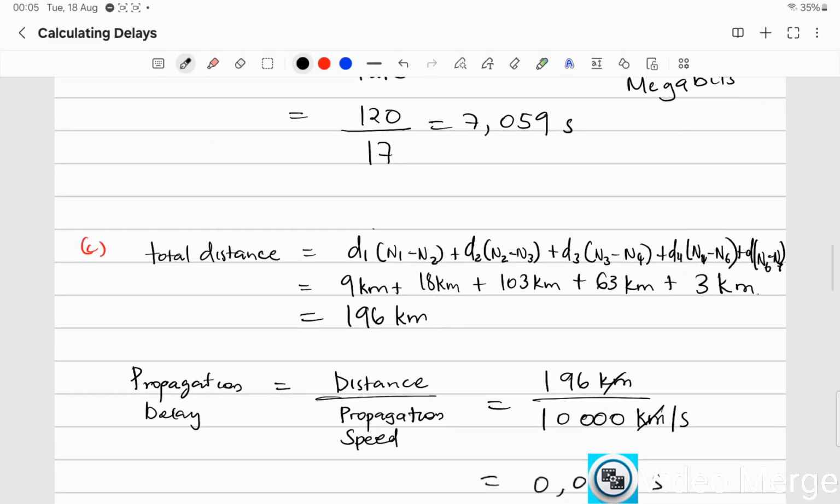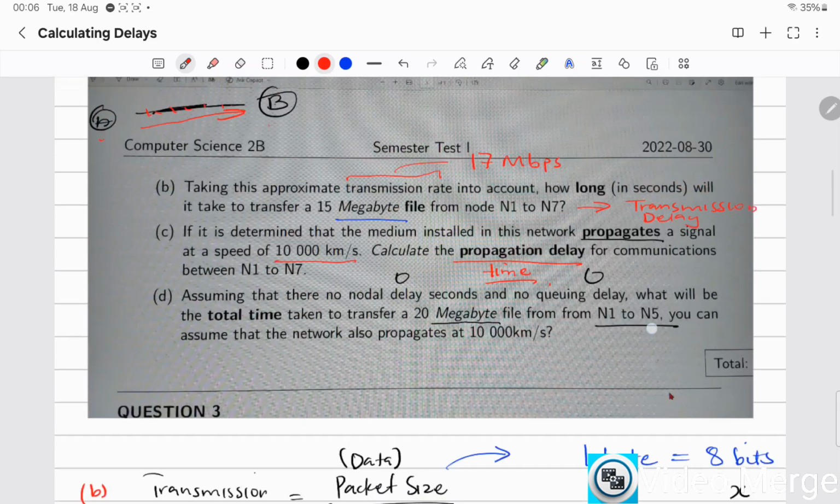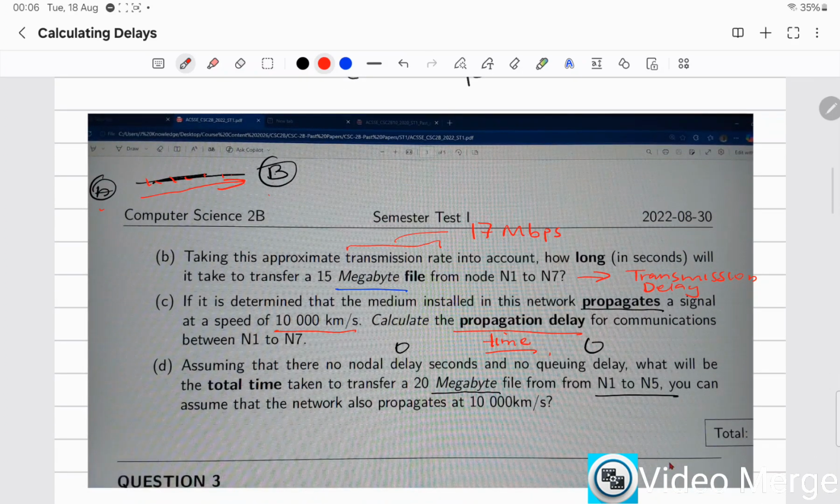The formula is the total delays, let's calculate number C. The total delays of a packet moving from A to B, or from wherever to wherever they are going, is always going to be the propagation delay, D proper, plus the transmission delay, plus the nodal delay. These delays, they've said we need to assume that they are not even existing in our case.